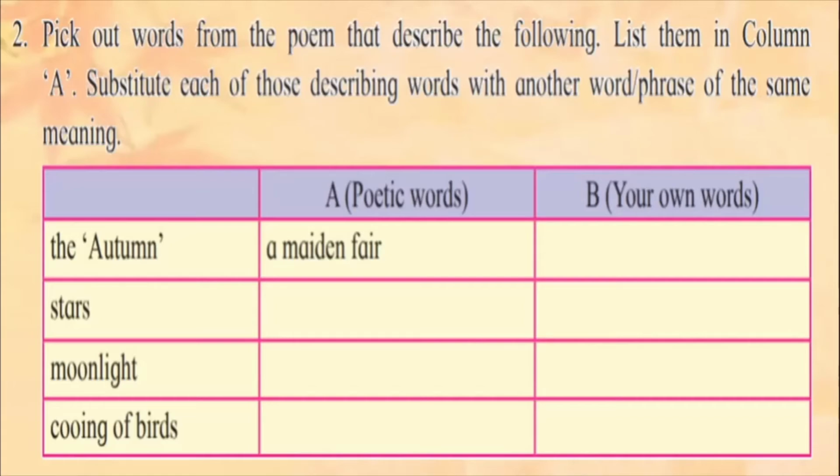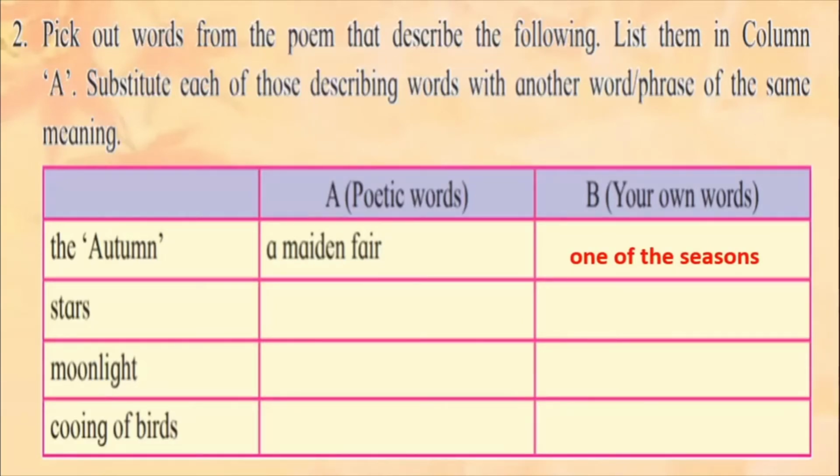For me, I don't think that the autumn is a fair maiden because I'm not a poetess. I feel that the autumn is just one of the seasons. Like you have summer, monsoon, winter, autumn is also one of the seasons. If I was a poet, maybe I would have had a different answer.